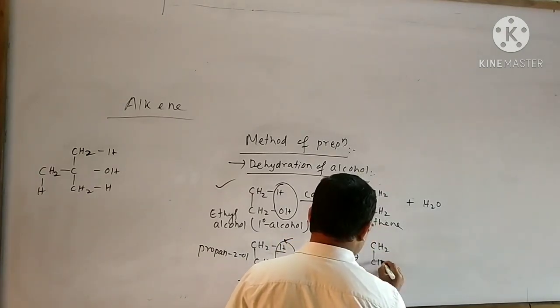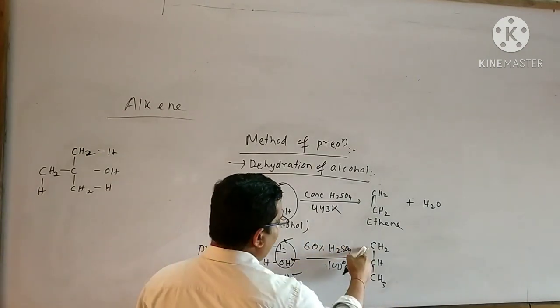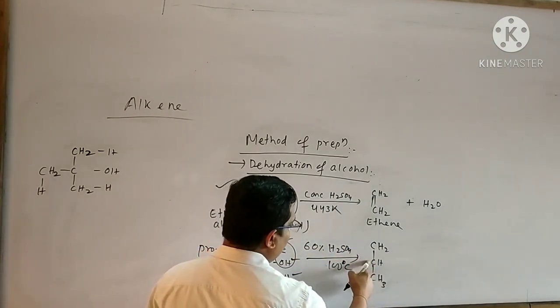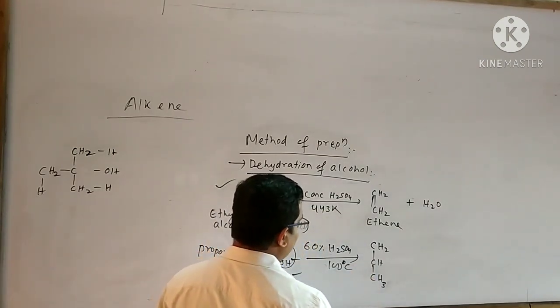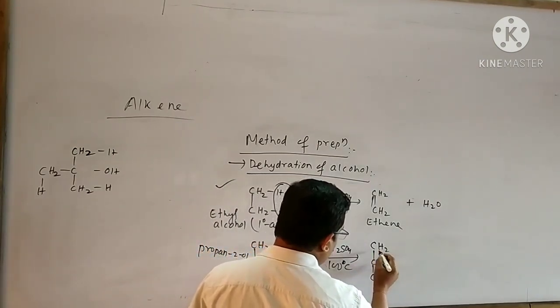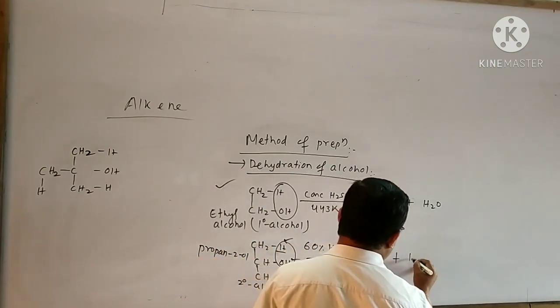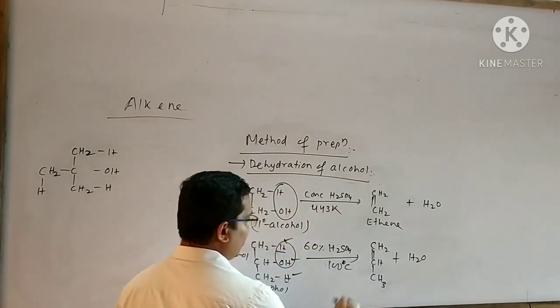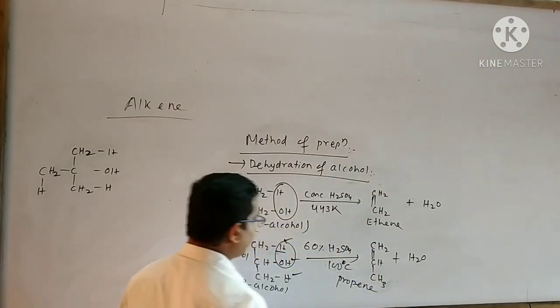CH2, CH, CH3. Here one bond will be empty, here another bond will be empty. This can be stabilized by putting a double bond like this. Now water molecule is removed as the byproduct. The name of this compound is propene.